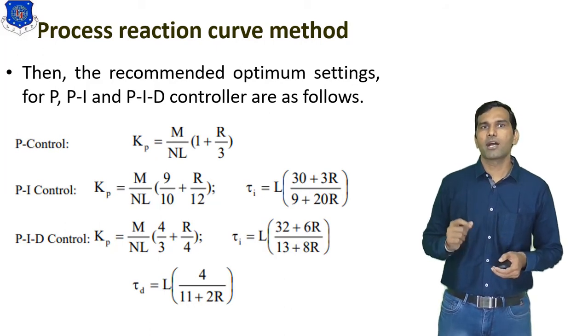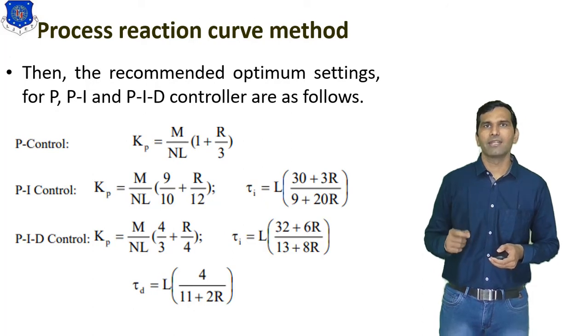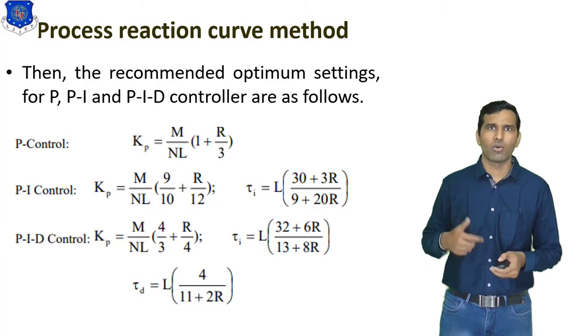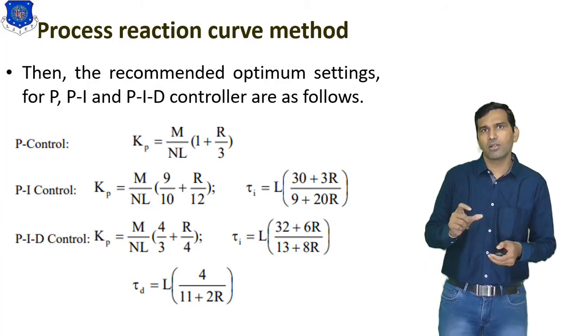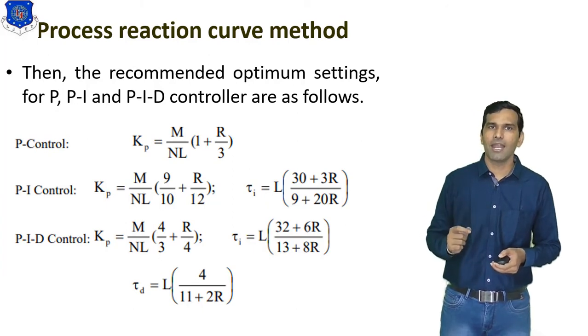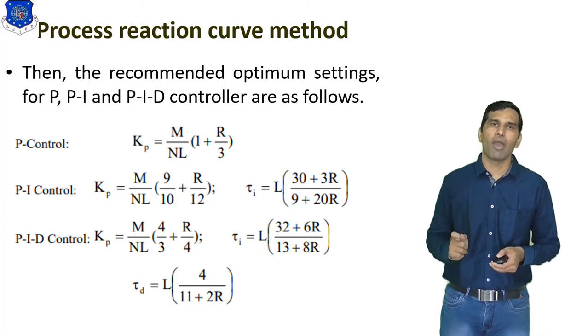Then for the PI controller, we require the values of Kp and Ti. Ti is nothing but Ki, we can say in other words. For Kp of the PI controller, we can find M/(NL) × (9/10 + R/12).